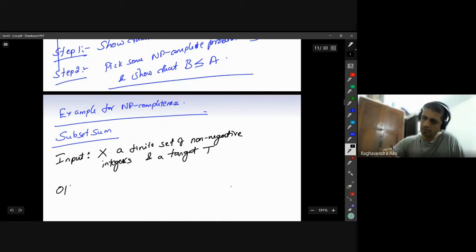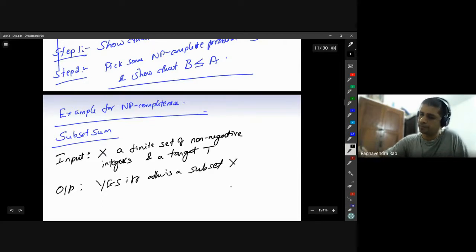Output yes if and only if there is a subset x prime of x such that the summation of a in x prime, a, is equal to t.